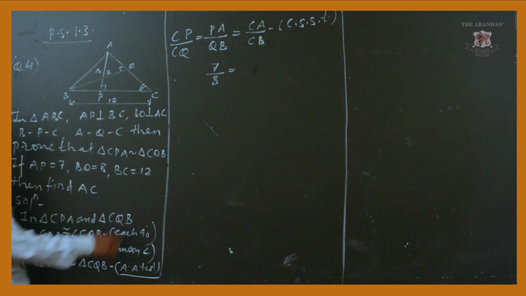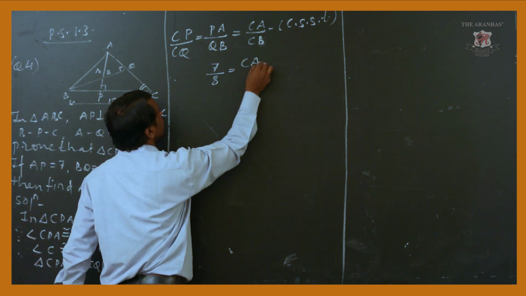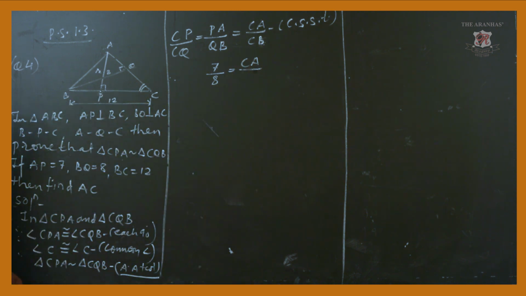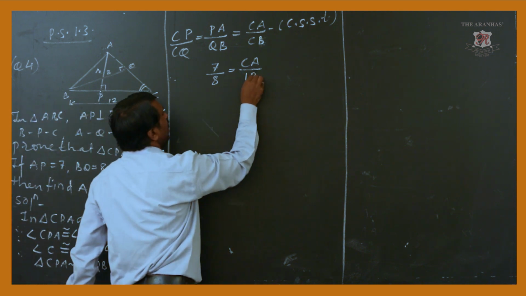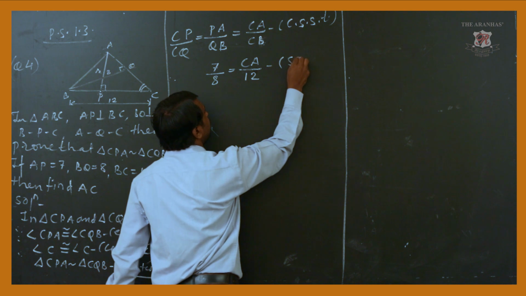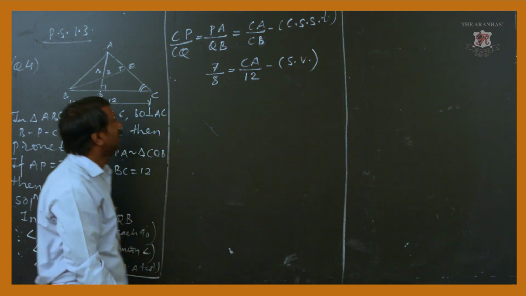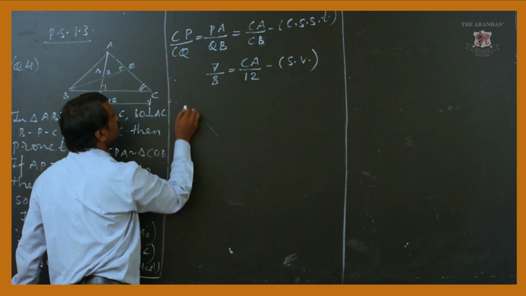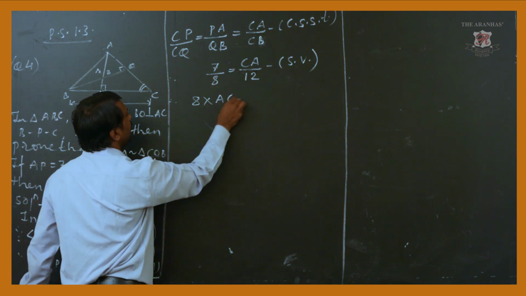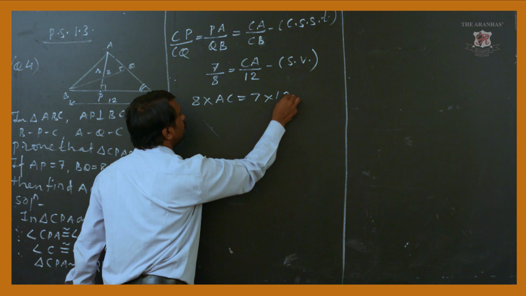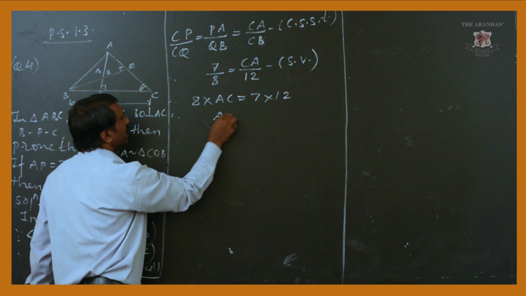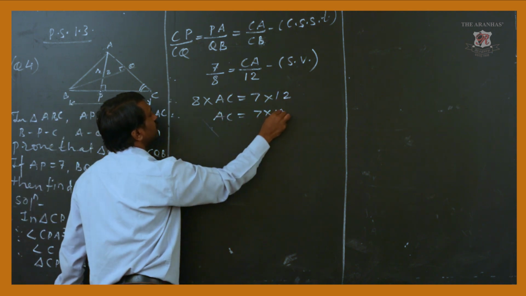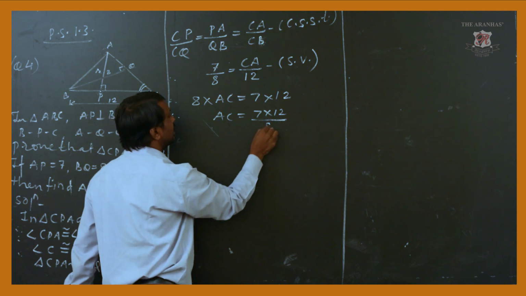CA means AC, which we have to find, and CB means BC, which is given here as 12. This is substituting the values, in short written SV. Now for finding AC, a simple thing, you can do the cross multiplication: 8 into AC is equal to 7 into 12, and so AC is equal to 7 into 12 upon 8.